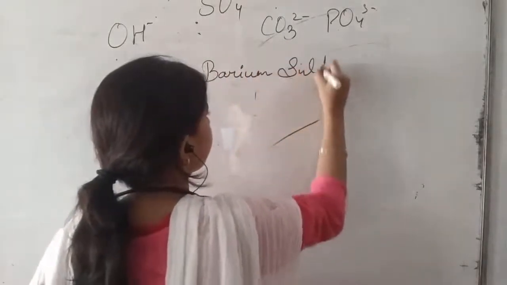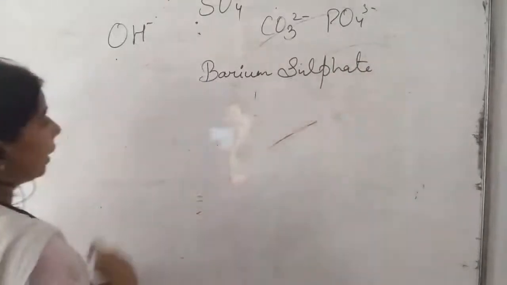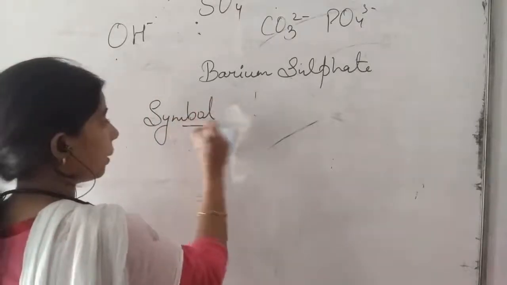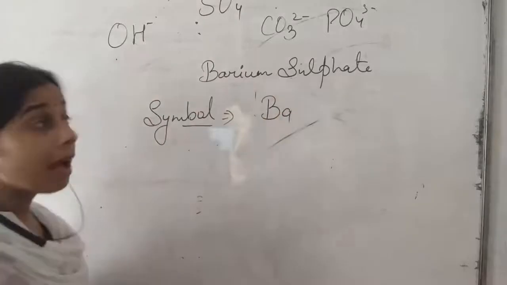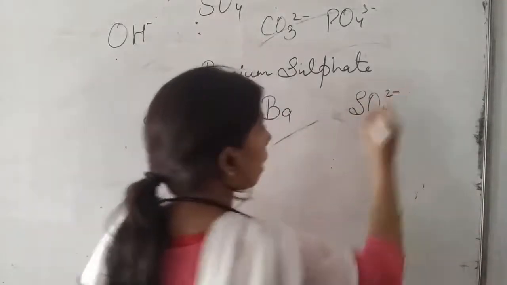So in barium sulfate, we will write here the symbol of the barium. The symbol of the barium is Ba. The sulfate is SO4 2 minus.